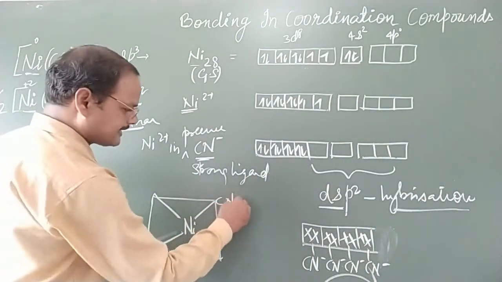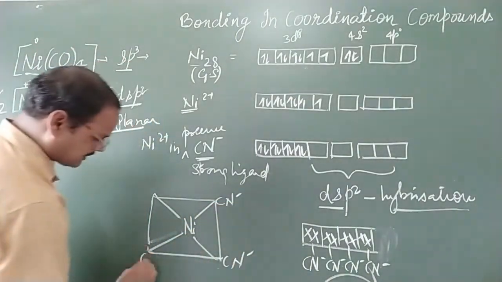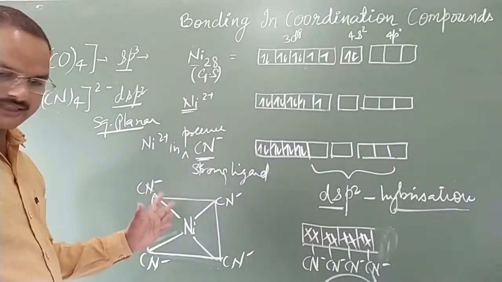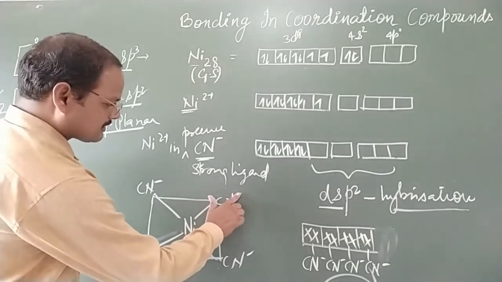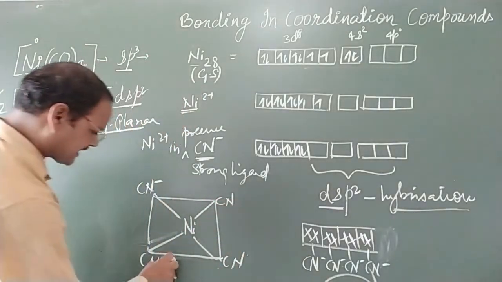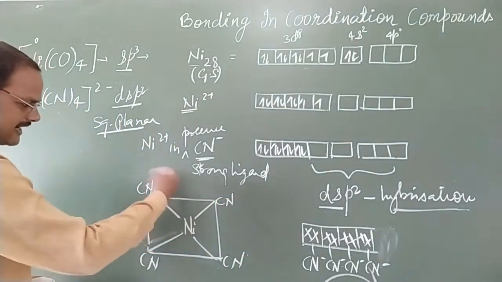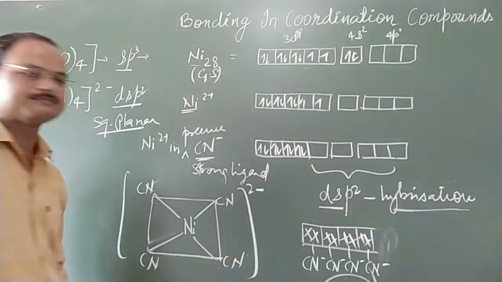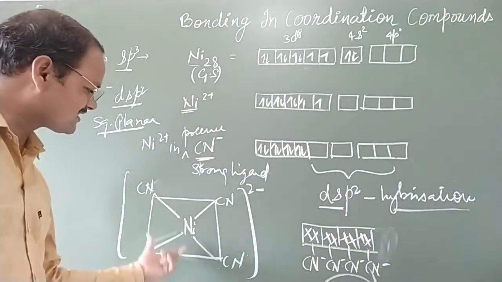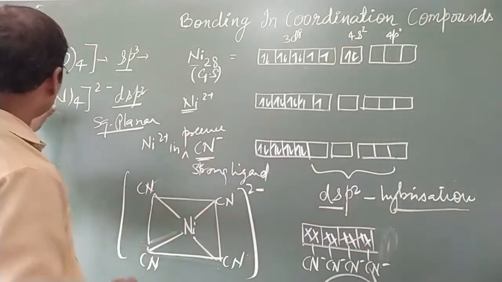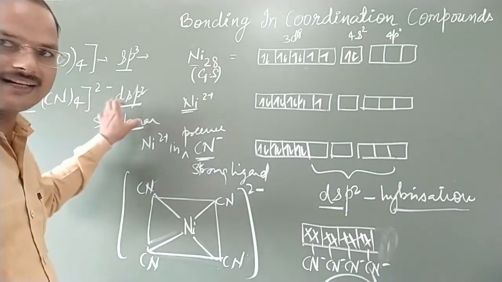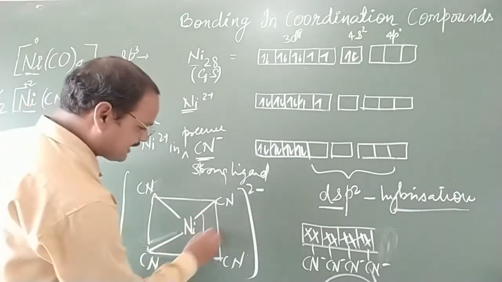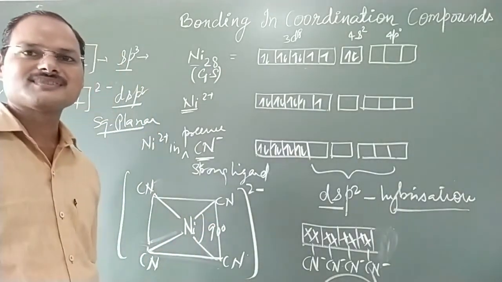It means 4 CN negative will be participating here in the formation of coordinate bonds. This is the structure. We can write this charge within the square bracket also. See, in place of writing one negative on each CN, we can write 2 negative here. I hope you are getting it. This is the structure of this ion, square planar, dsp2 hybridization. The structure is this, and each angle will be 90 degrees.